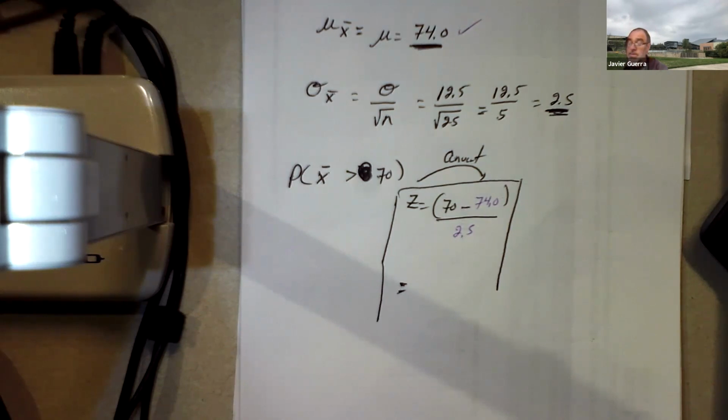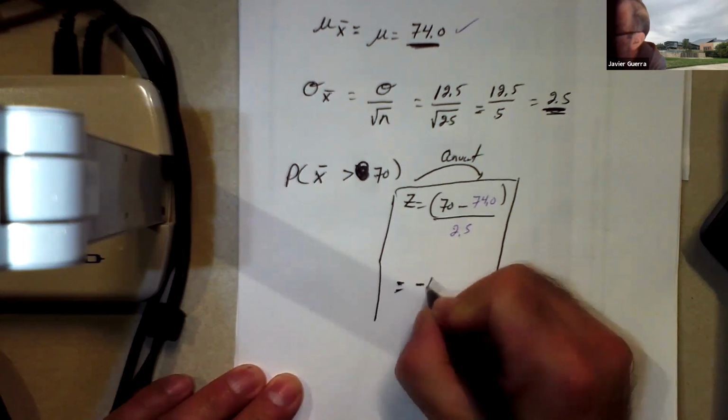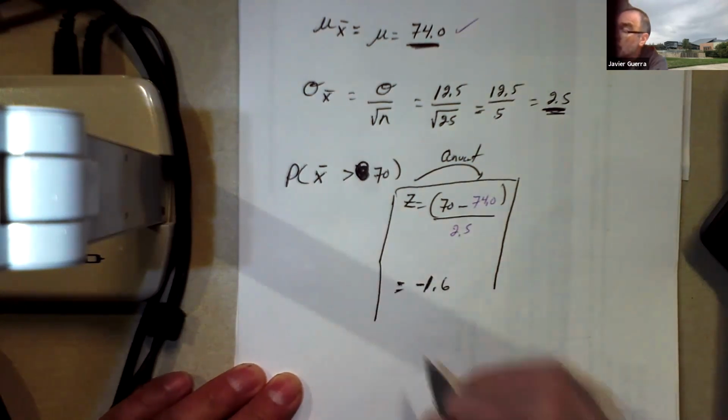All right, so let me subtract 70 minus 74.0 divided by 2.5. I got negative 1.6. Is that right? Negative 1.6.